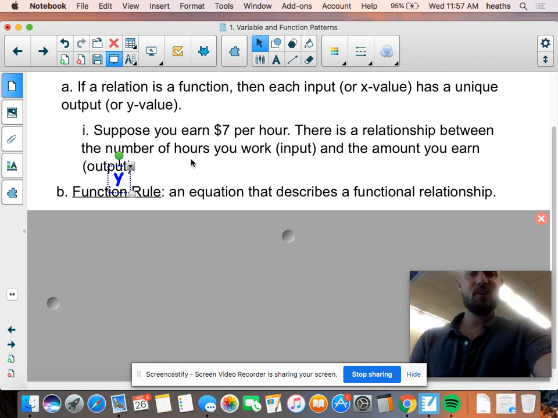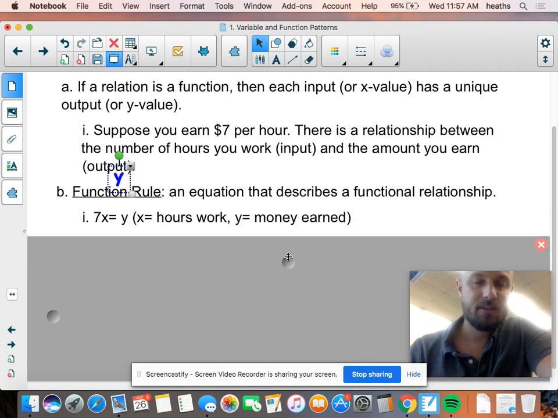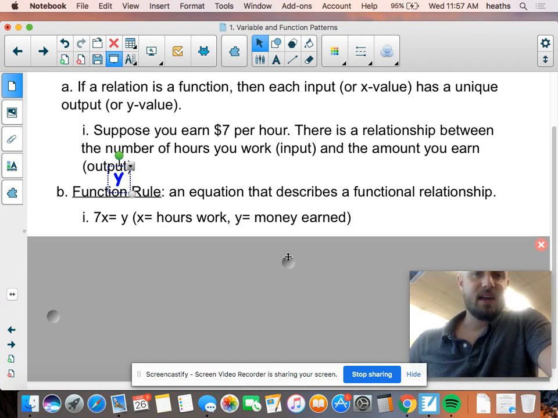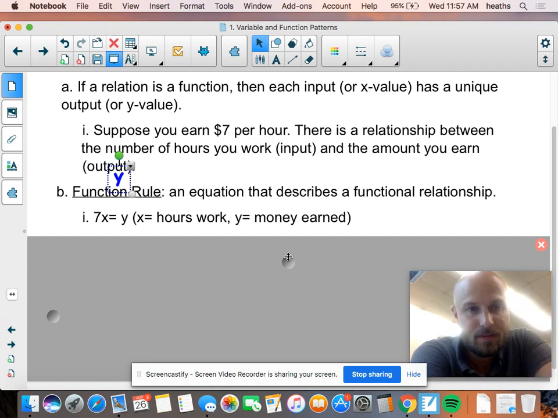That's a function rule. 7 times X is going to give you a Y. 7X equals Y. If X is the hours worked, 7 times X is going to give you Y, or the money earned.